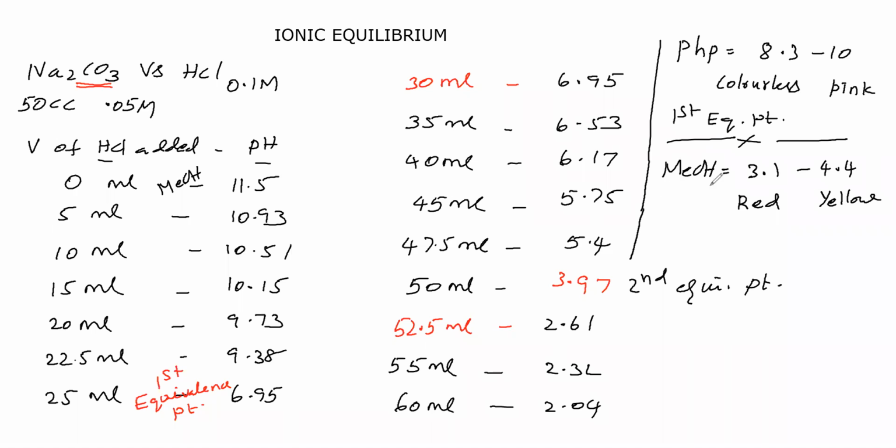Here the conical flask solution pH is 11.5, which is greater than 4.4, so methyl orange will give yellow color to the conical flask solution. The yellow color will persist till here. Now what happens? Red color. So methyl orange gives a red color, which means methyl orange gives a color change at the second equivalence point.